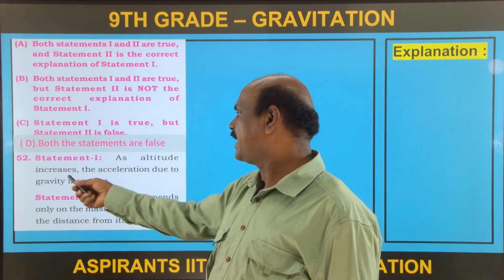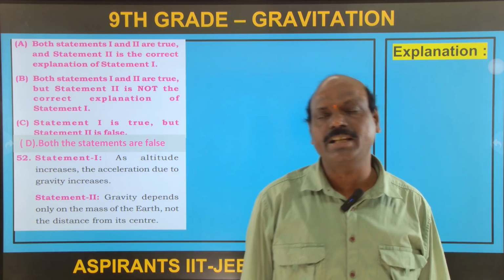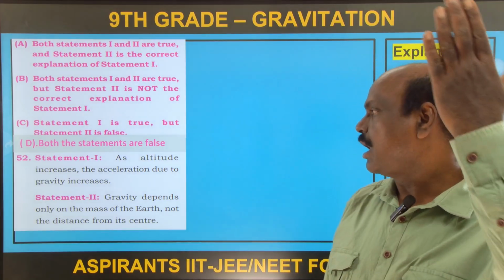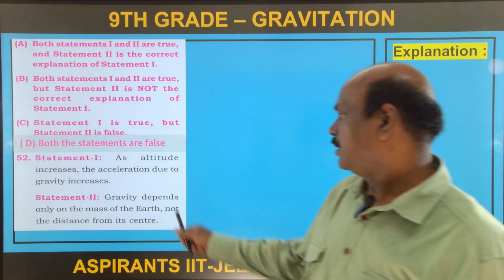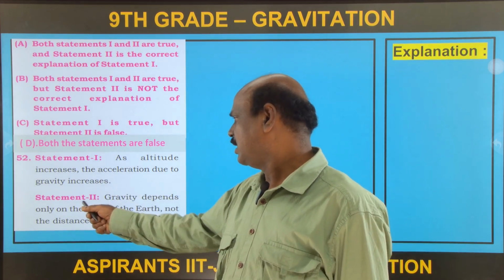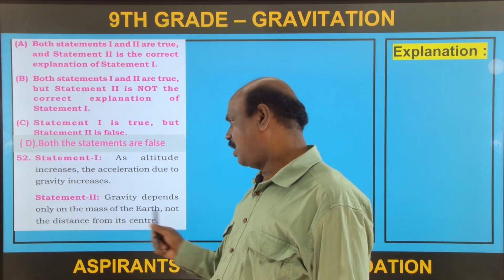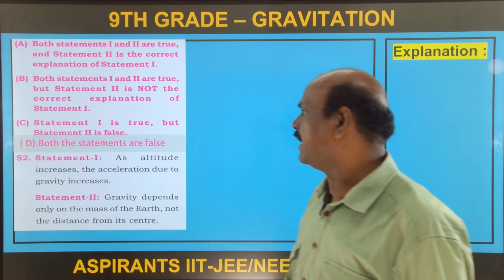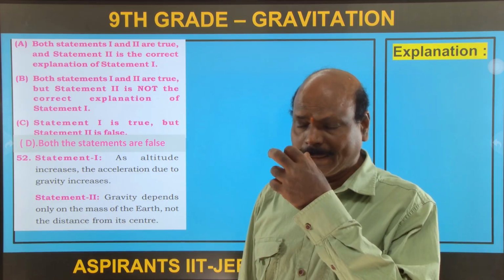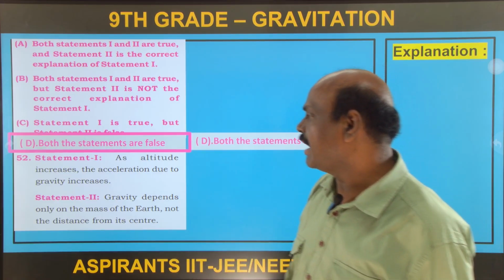Next, as the altitude increases, the acceleration due to gravity also increases, meaning as you move higher, the g value increases. The next statement: gravity depends only on the mass of the Earth, not on the distance from its center. So here if you observe, both statements are false. Why?